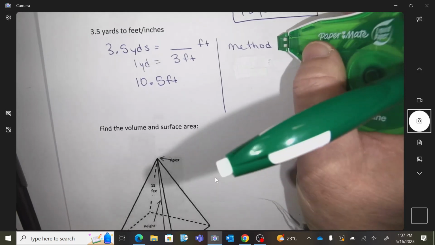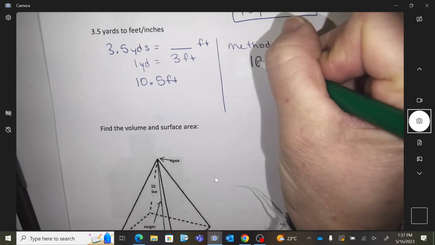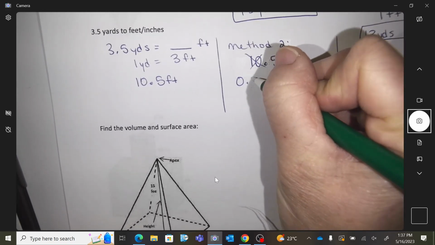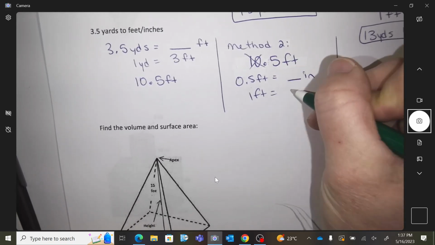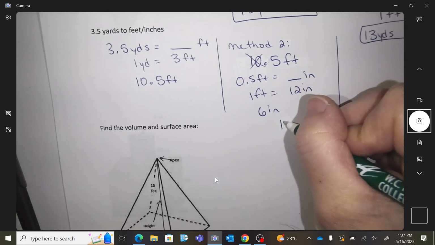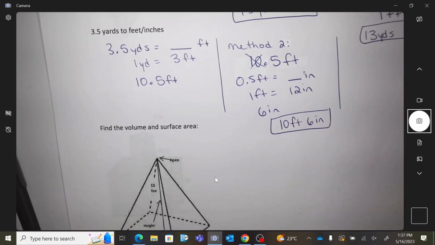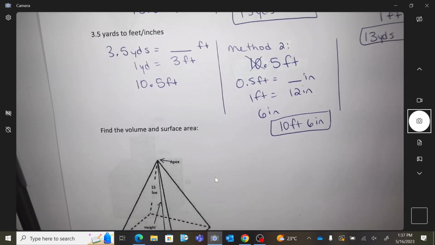I actually don't know if I can pick method 1. Okay, I don't think I could have done method 1 in this one, unless I had just gone how many inches altogether.